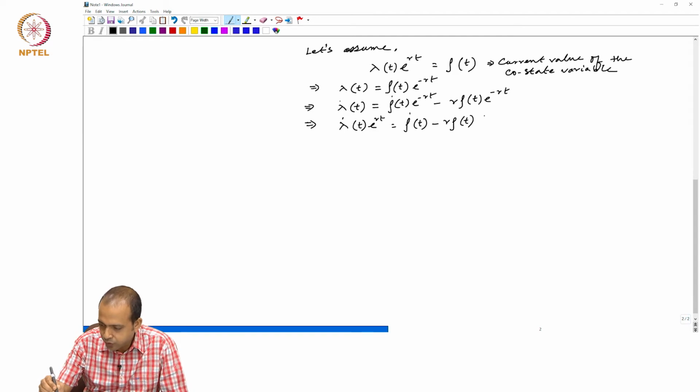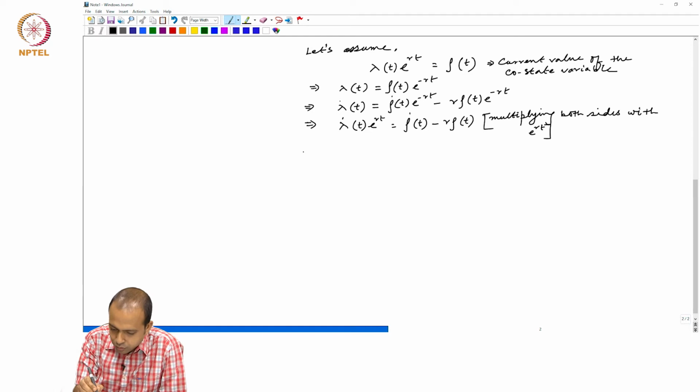Multiplying both sides by e to the power r t.